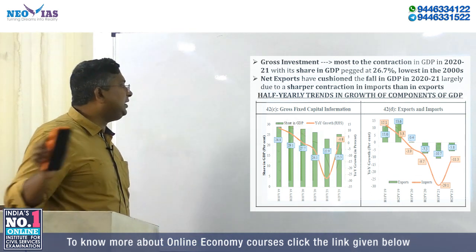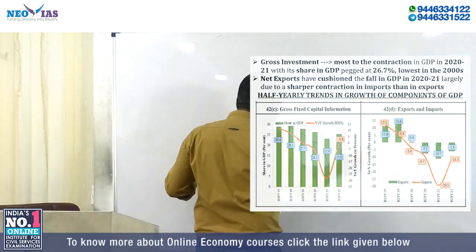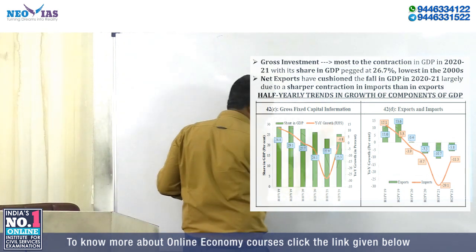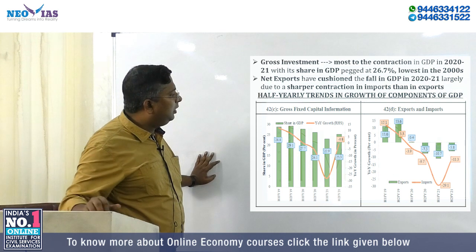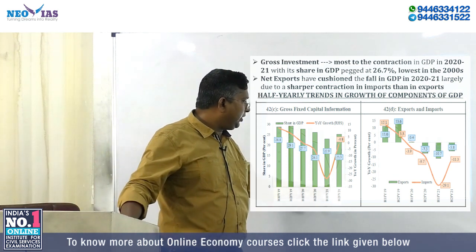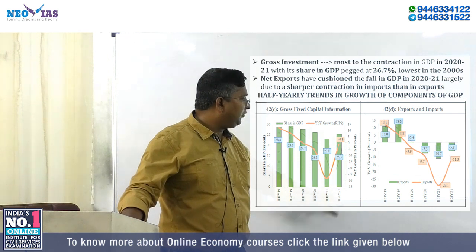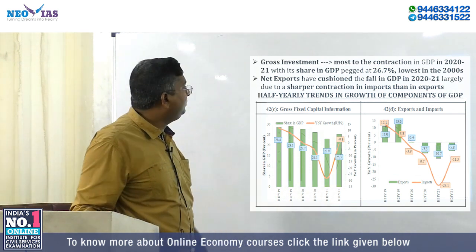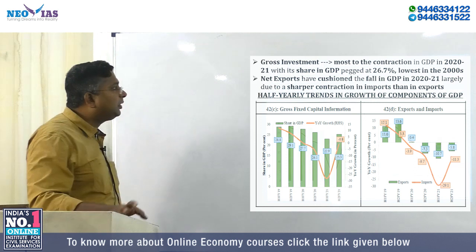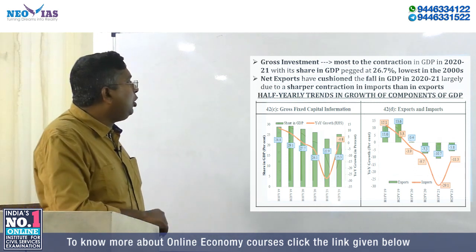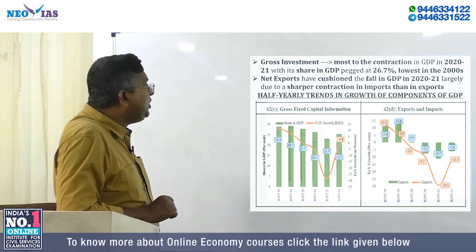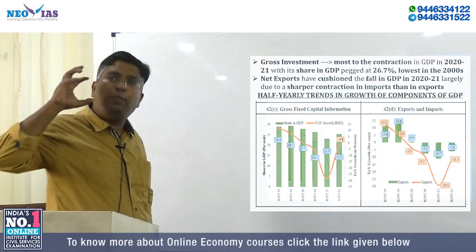So the gross fixed capital formation, we know that it has declined. It was lower to 22.9 in the first half and then moved to 25.3 in the second half. So it's saying that this gross investment or gross fixed capital formation has contributed most.